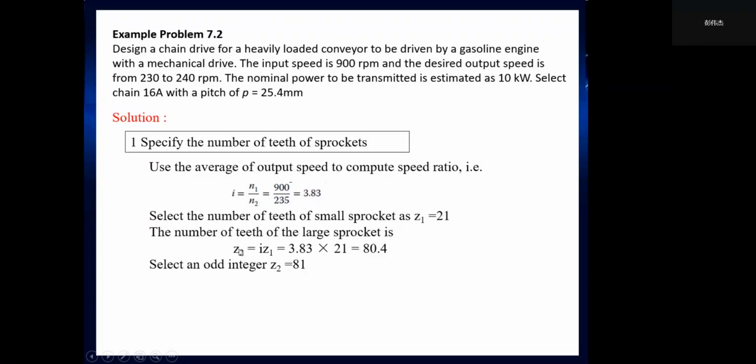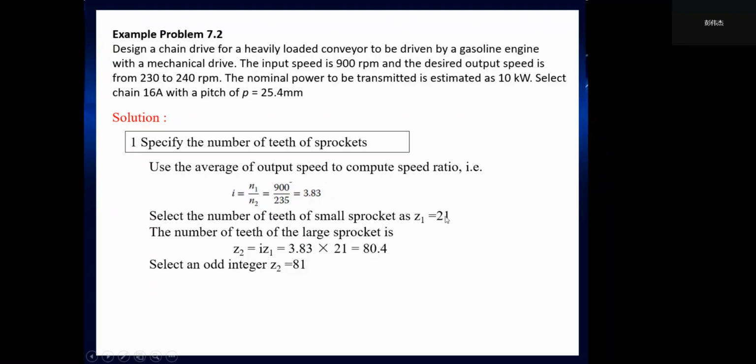Then calculate Z2 is i times Z1 and we select an integer. Z2 is 81. This is the selection of the number of teeth of the sprocket.